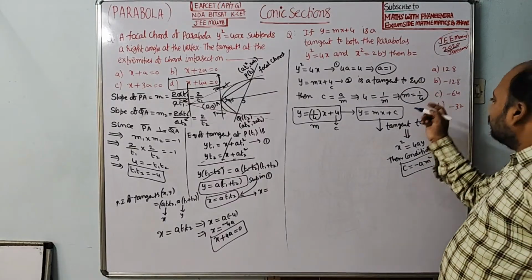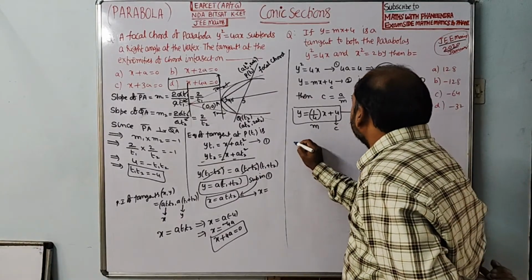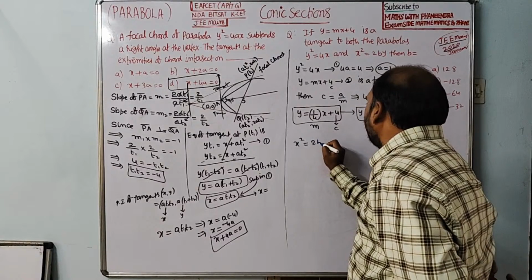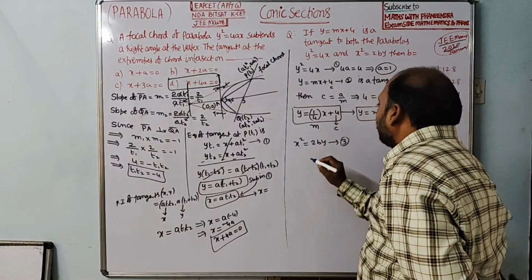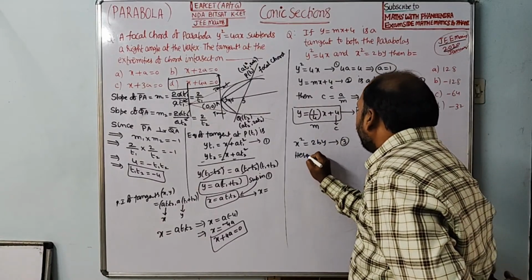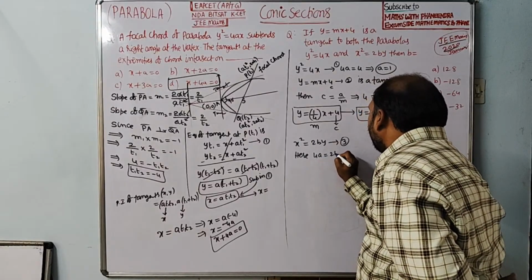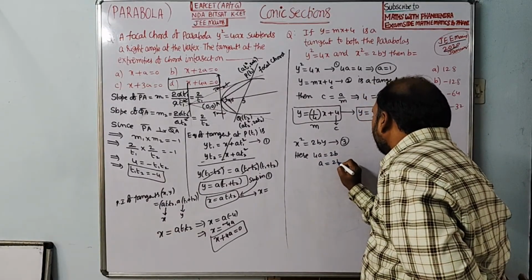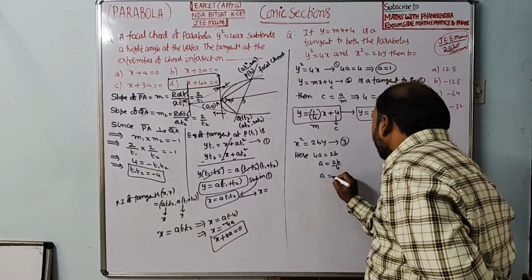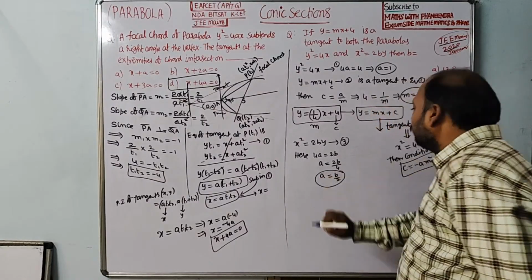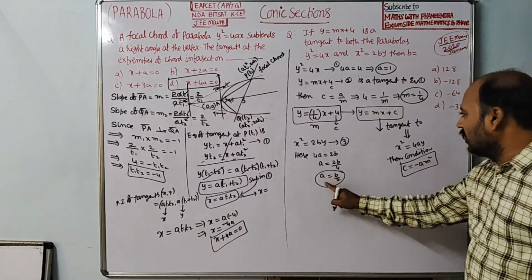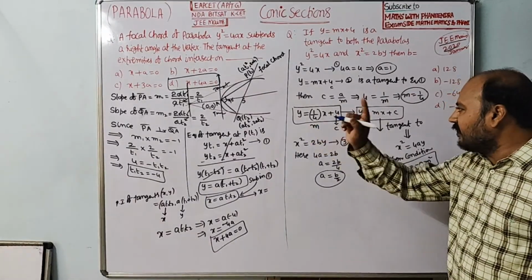Next, what is the given equation? Second equation, x square is equal to 2by. Equation number 3. Here 4a is equal to 2b, a is equal to 2b by 4, a is equal to b by 2. So the a value we got, c value we got, m value also we got.